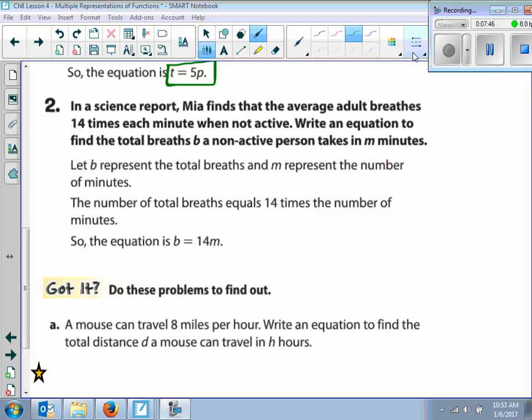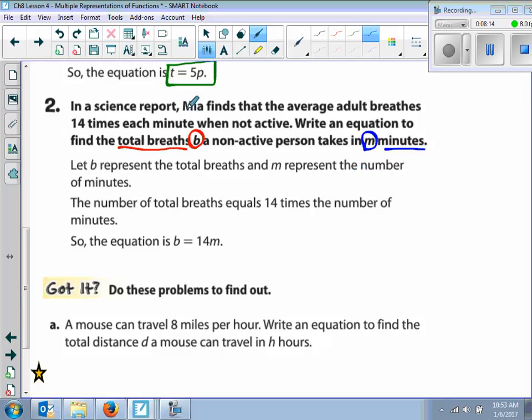our variables, if we define our variables, you can see that B is going to be what? Total breaths. And then M is going to be minutes. So there they've already given us our variables, right? So B is equal to the total breaths, and M represents the number of minutes.